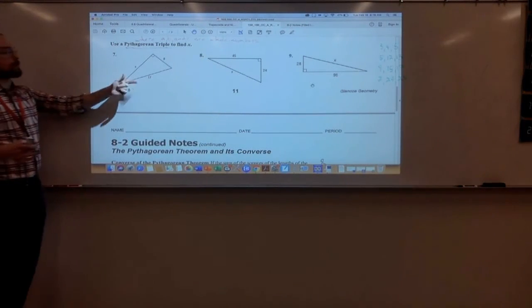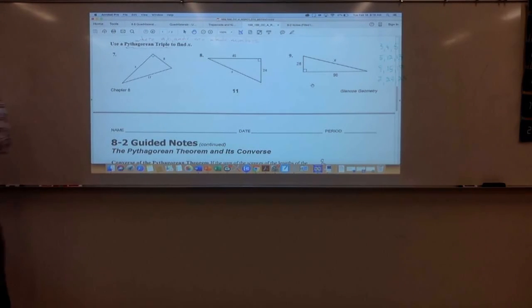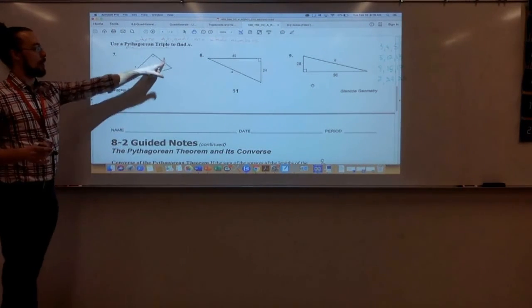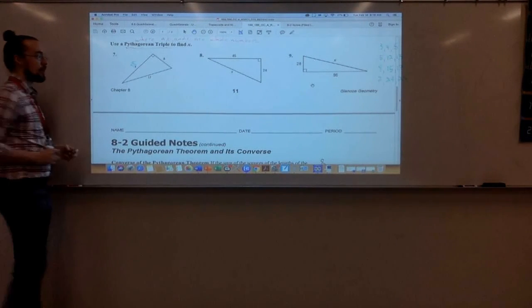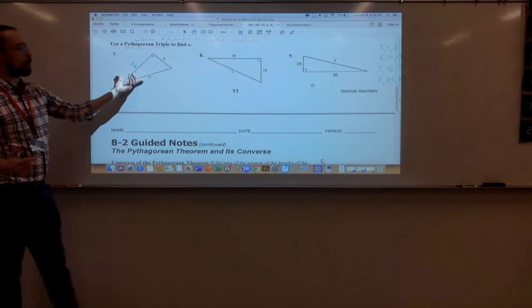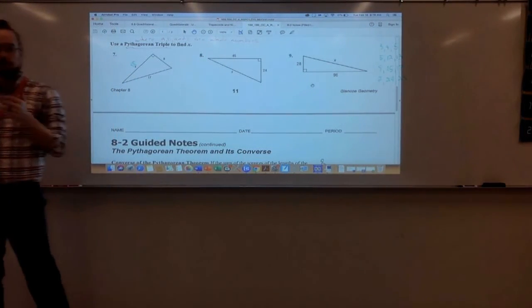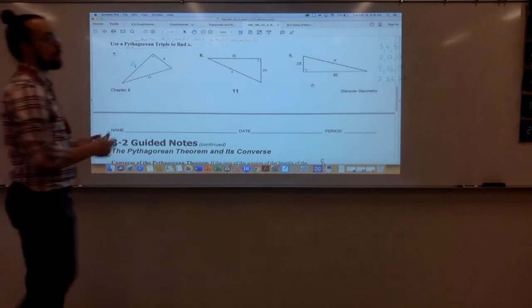You can just look at this right triangle and say, well, I know a Pythagorean triple is 8, 15, 17. We're not going to do more work. If it's a Pythagorean triple and you recognize that, nope. So just looking at this triangle, I know that this missing side is 15, if we know this list of Pythagorean triples.